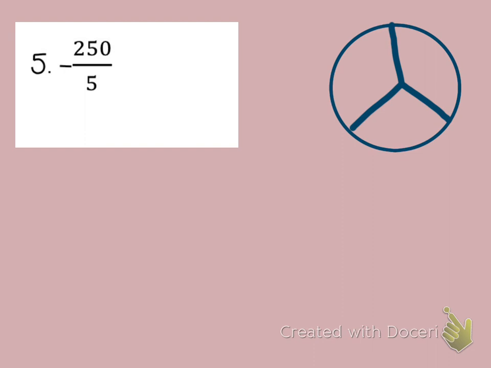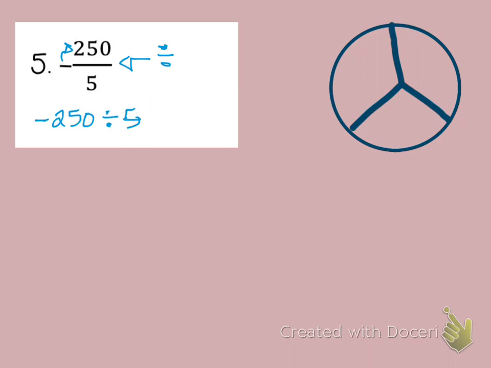Here it's showing us fraction notation as division. Remember, this says negative, so that negative is going to go with that first number. -250 over 5 also says -250 divided by 5. If I were to write this in a straight line, I would have -250 divided by 5.